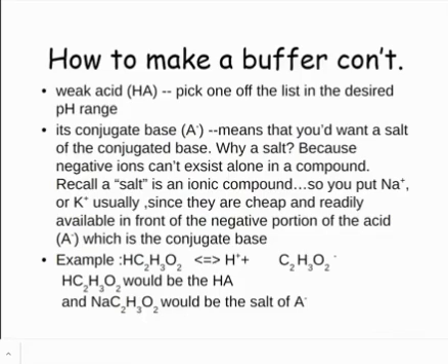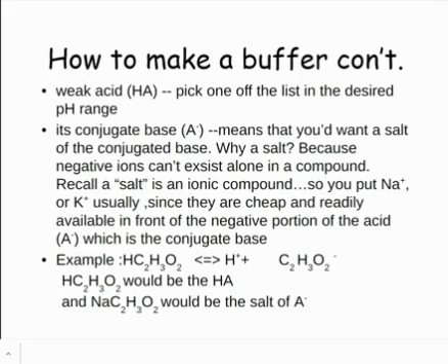So first of all, if we're going to make a buffer system, you pick a weak acid or a weak base with the desired pH range. We'll go over in a minute what the desired pH range means. Then its conjugate base, which would be A minus. Remember, the weak acid is HA, its conjugate base is A minus. We would have to go to the shelf and pull a salt of that conjugate base, because negative ions cannot exist alone in a compound.